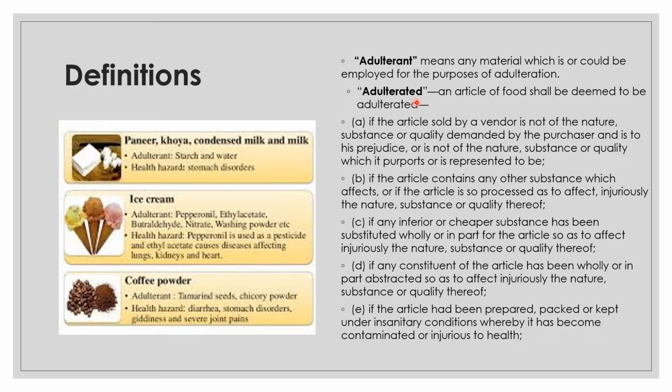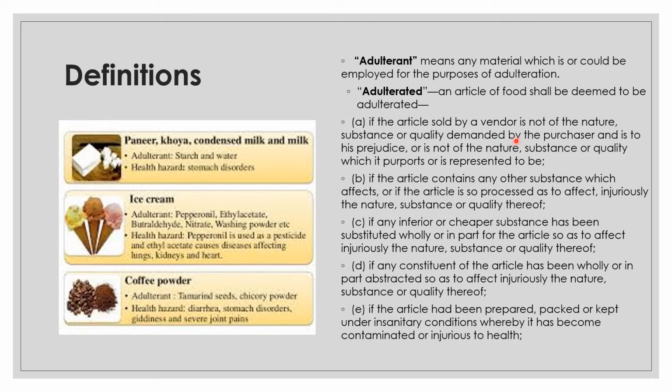And the next term, adulterated. An article of food shall be deemed to be adulterated. There are conditions for calling a food item adulterated. The first condition, if the article sold by a vendor is not of the nature, substance or quality demanded by the purchaser.